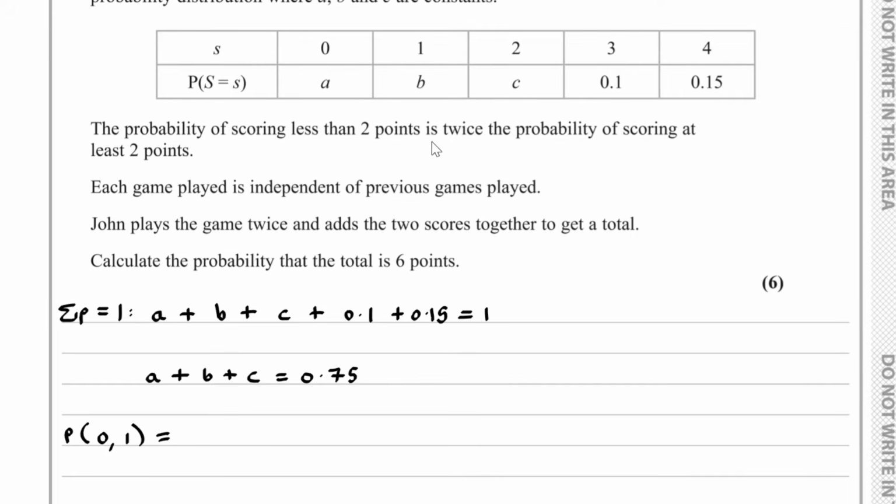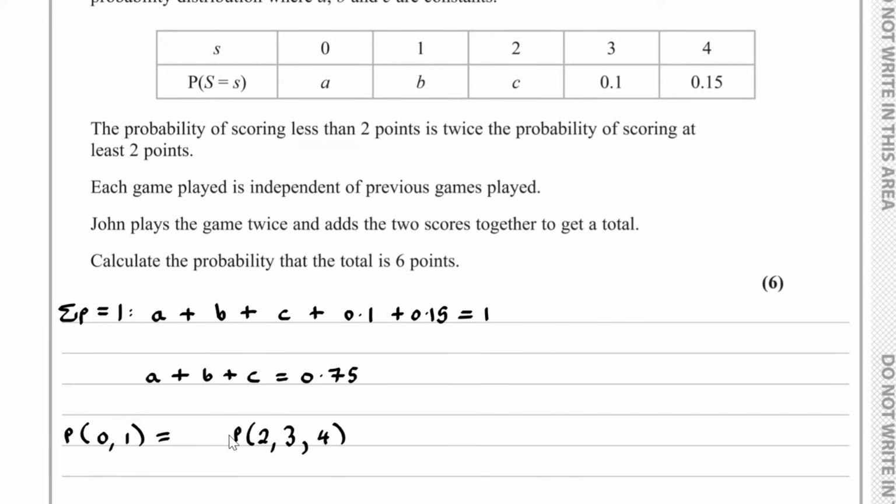That's equal to twice the probability of scoring at least 2 points. Well, if we consider scoring at least 2 points, that's the probability of scoring a 2, scoring a 3, and scoring a 4. Okay?